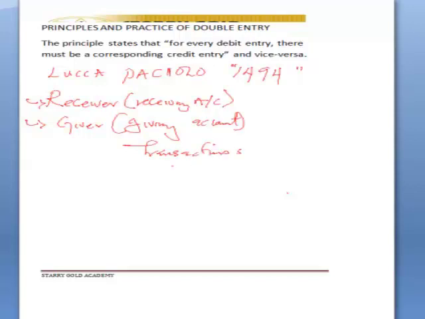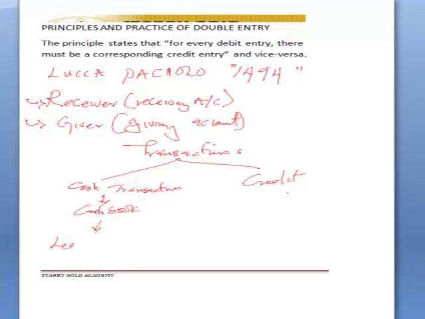The cash transactions must pass through what we call the cash book, and the final destination is the ledger.